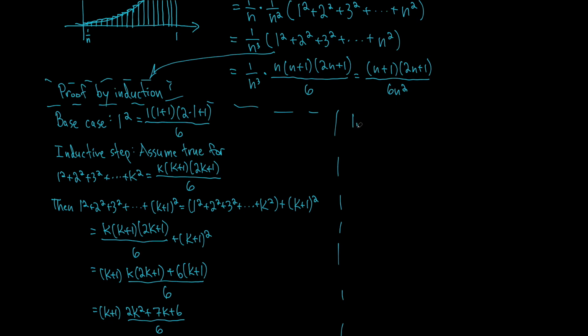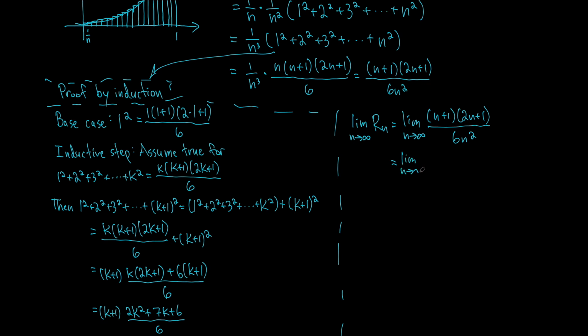Let's take the limit now. So the limit of Rn is the limit as we computed and proved. It's n plus 1 times 2n plus 1 over 6n squared. Well, the limit of a product is the product of the limits.